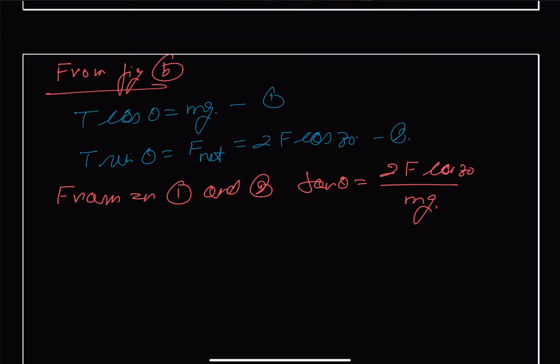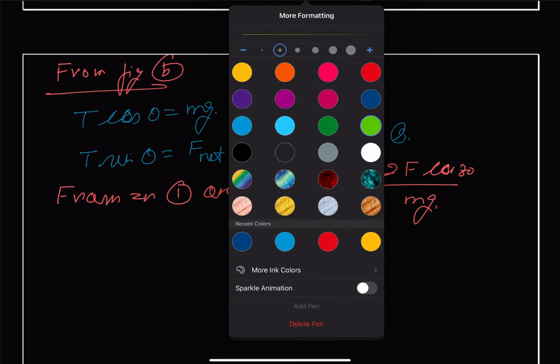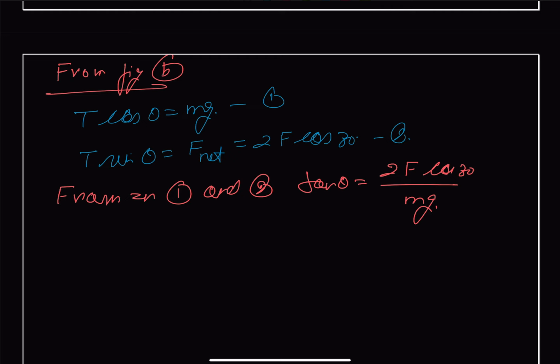And we substitute the value of cos of 30, so we get from here that our tangent of theta will be equal to, this will be root 3 by 2, so this comes as root 3 times F divided by mg.